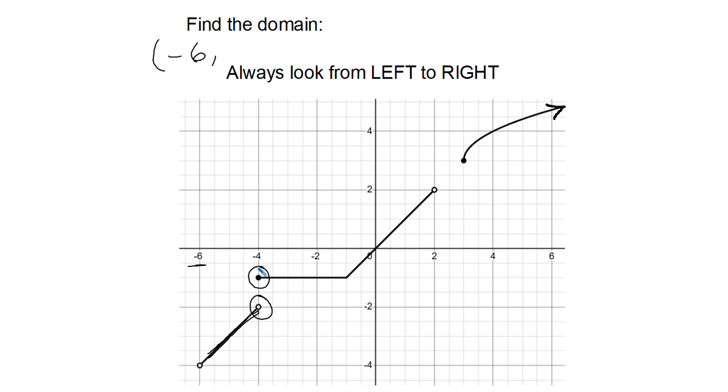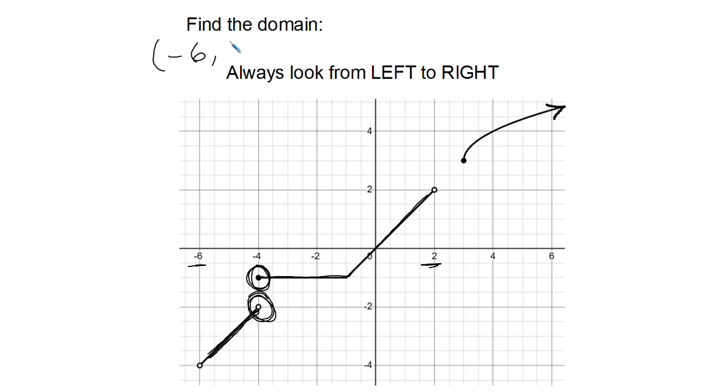We can just continue straight through because we've included all the numbers up to -4. Then we didn't have -4 at this point, but at this point up here we did. So we've included everything up to -4. Then we've included -4 with this endpoint. And then we've continued along our graph until we get to x equals 2.